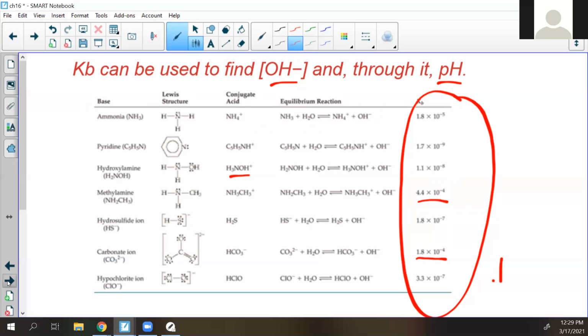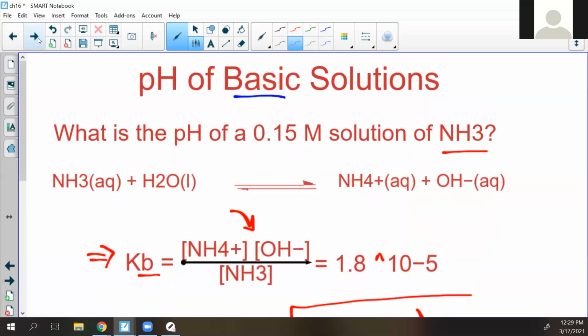Okay, so we'll go through how to do this. We've done it, it's similar. We're going to talk about this and then bring it all back together in a little bit. So it wants to know the pH of a 1.5 molar solution of NH3. We end up with our x squared over our initial. Here is our initial.